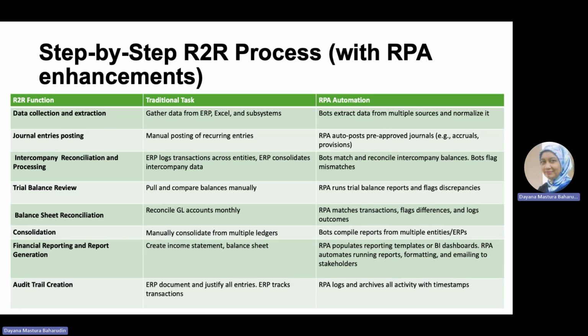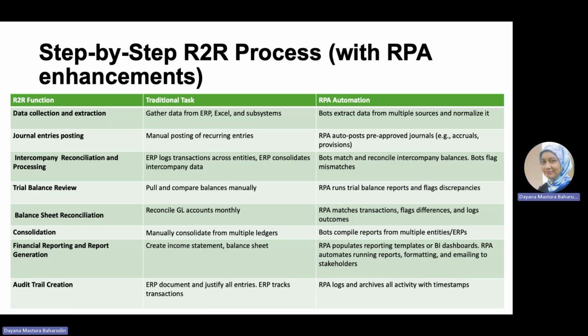Let's see the first one, data collection and extraction. The human working with the ERP would gather data from ERP, Excel, and subsystems and start processing. But you can ask the bots to do that. The bots will extract data from multiple sources and normalize it.